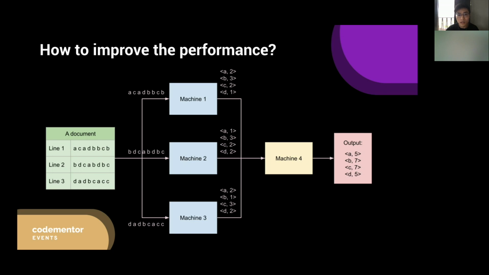Then for each part, we use one machine to count the word frequency of that part. Finally, we merge the results from each part to get the final output. Just a quick question. What is the drawback of this optimization? I believe some of you already found that the merge stage, the machine four in this diagram, will become the bottleneck.